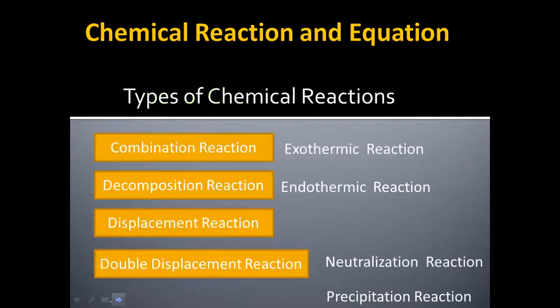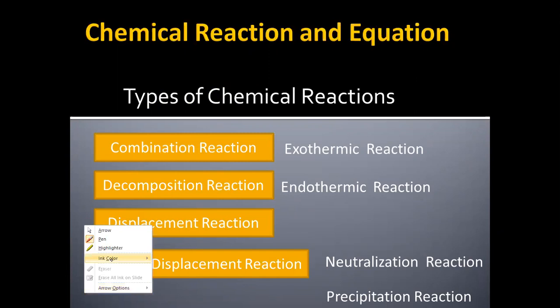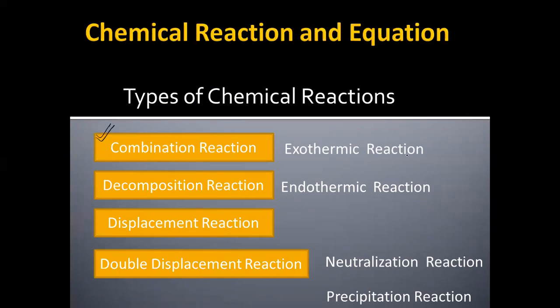Let me just take the very first thing, the major types of reactions that we are going to discuss. The very first is the combination reaction. Exothermic reaction is also given here simultaneously.